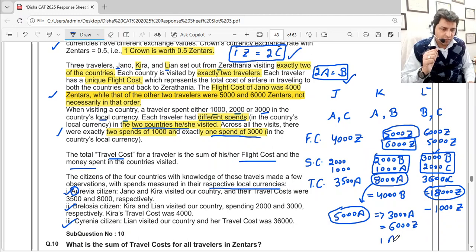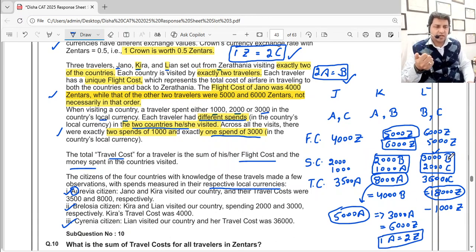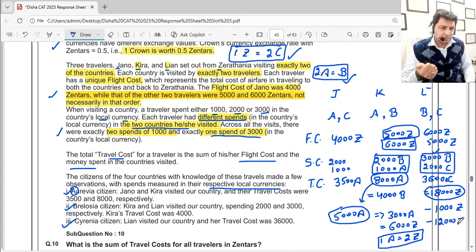That means 1 A is equal to twice of Z. Now if I make 1 A equal to twice of Z, the 3000 B is 6000 A. That means this is 12,000 Z. So the remaining is going to be 5,000. This makes sense to me.